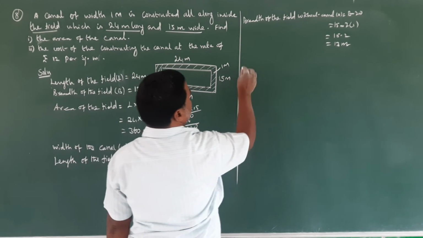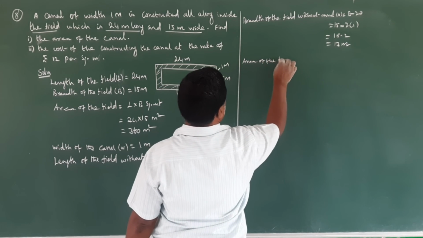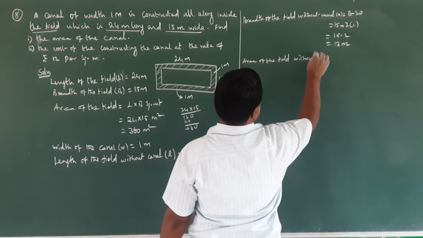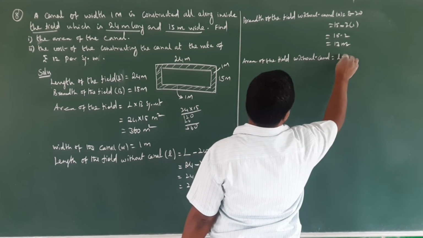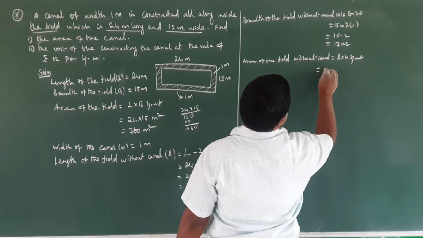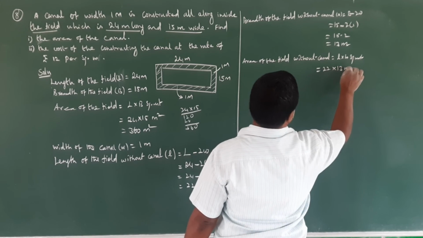Now the area of the field without canal equal to l into b square unit, 22 into 13 meters square.